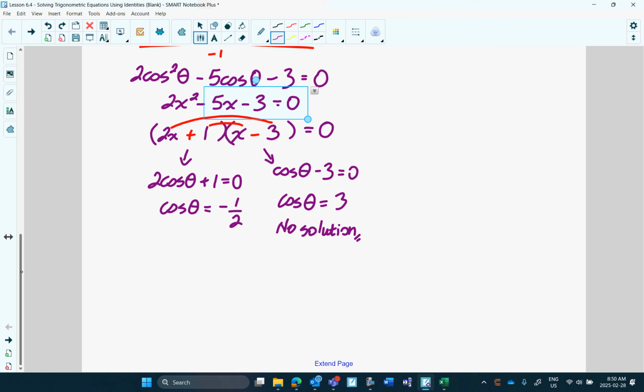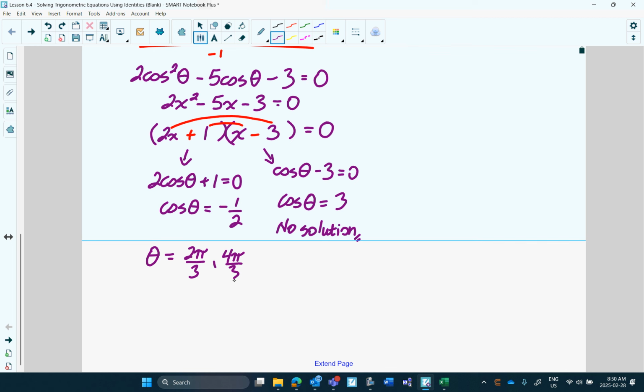How about this one? Cos theta equals negative a half. So what would that be? 2 pi over 3. We want to make sure that we read the question, right? Because it's in degrees.